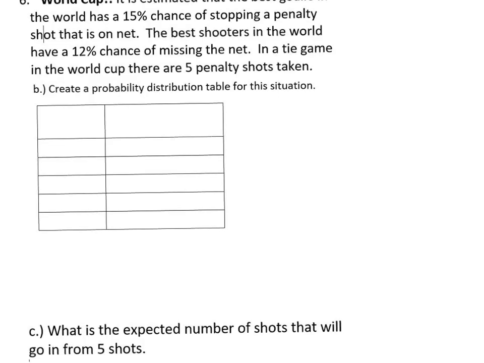So of course, for 0 shots to be scored, we have 0.4748 to the power of 0, and 0.252 to the power of 5.